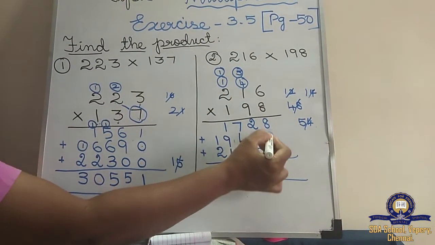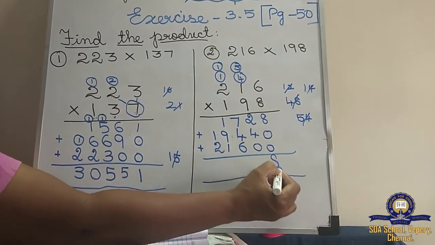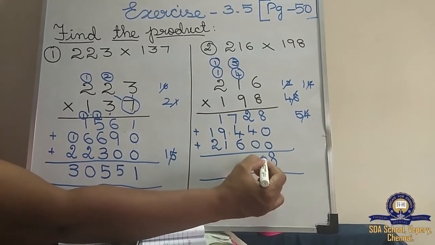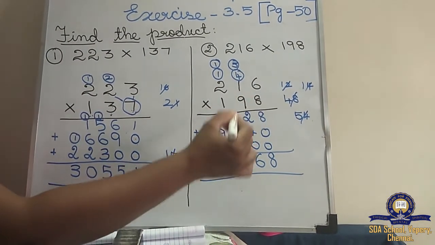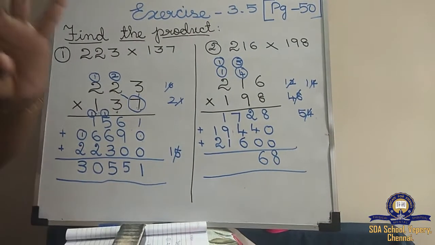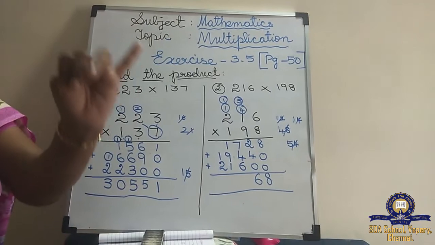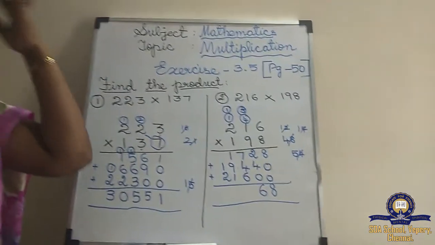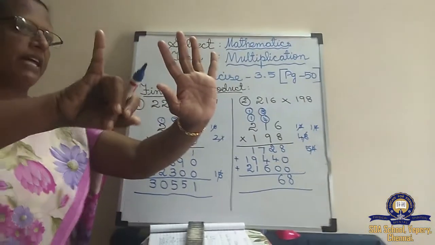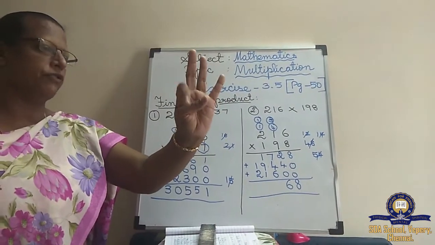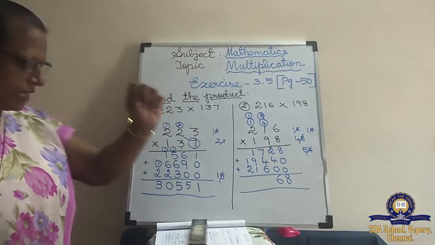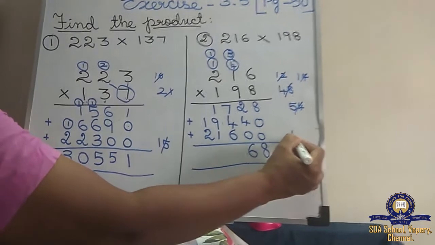So 8 plus 0 plus 0, 8. 2 plus 4, 6. 7 plus 4, 7 in the mind, 4 on the finger. After 7, 8, 9, 10, 11. 11 in the mind, 6 on the finger. After 11, 12, 13, 14, 15, 16, 17. So what's the answer? 17.